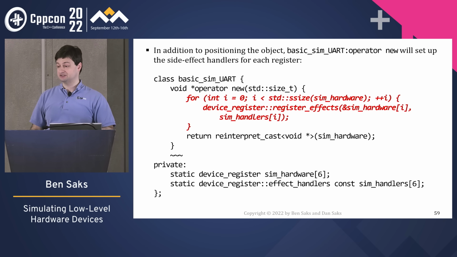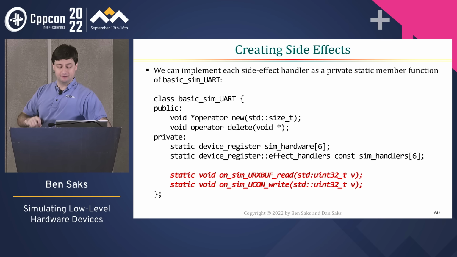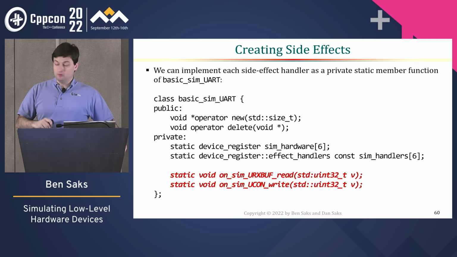All right. And then our handler functions. We will implement those as private static member functions of the simulated UART type. So here I've added two new functions down here at the bottom, one for handling a read from the receive buffer, one for handling a write to the control register here.